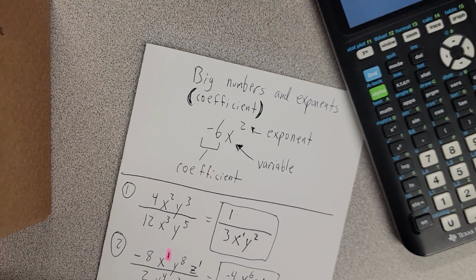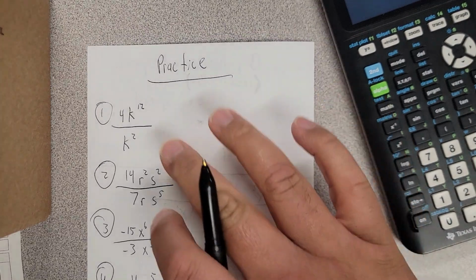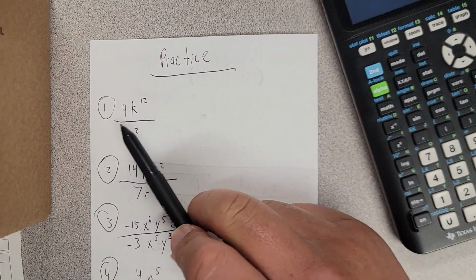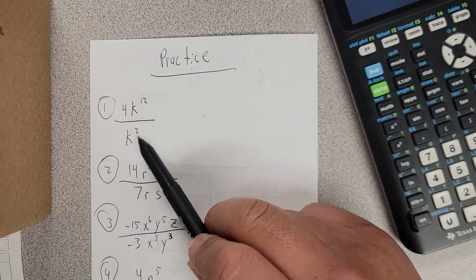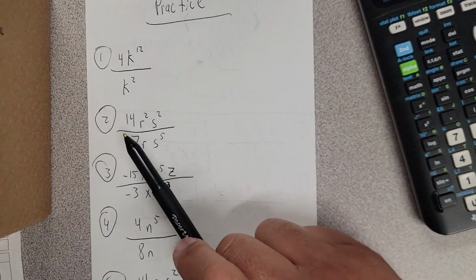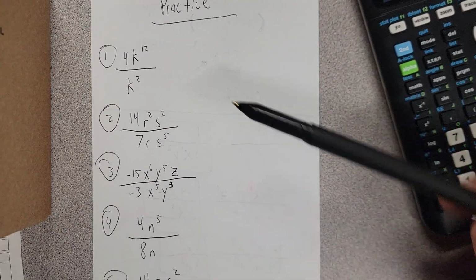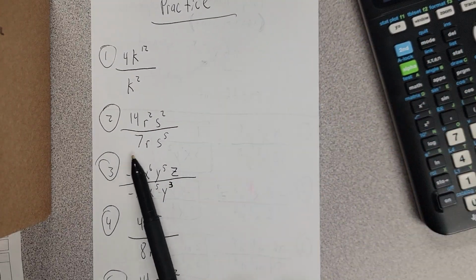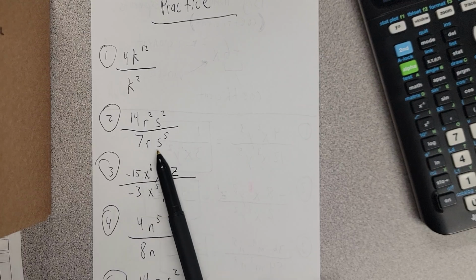So on the very back, I'm going to give you the practice problems. 4k to the 12th divided by k squared. 14r squared s squared divided by 7rs to the 5th. That's a little 5 exponent.